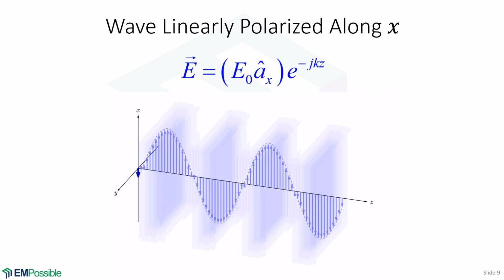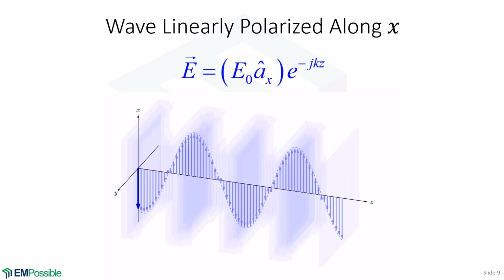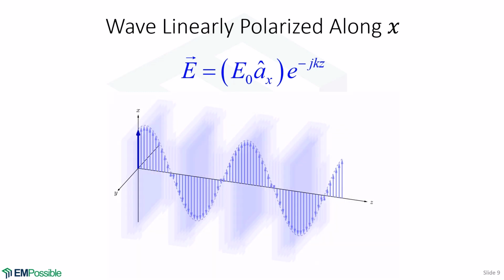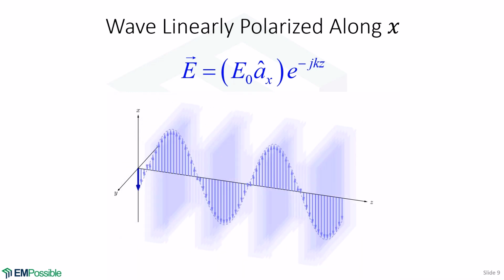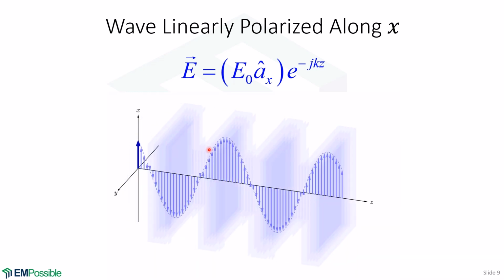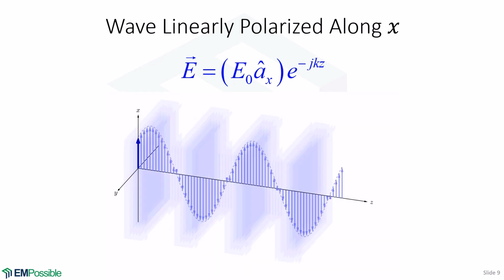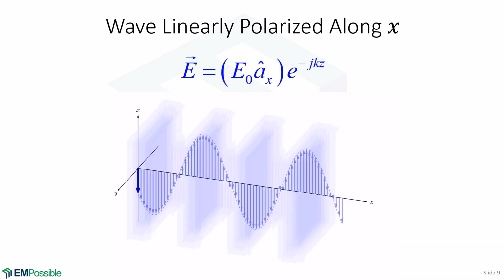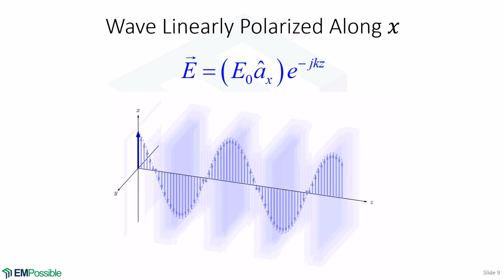Now we can have a wave that's linearly polarized purely along x. That's what we saw on the previous slide, and that's what we see here. I also want to take one quick moment to mention when we draw waves, just using these arrows, it's easy for us to forget that this wave is really a volumetric thing and the field's very smooth and continuous.